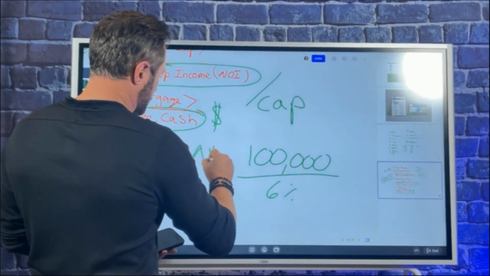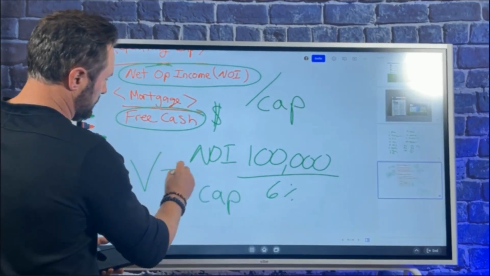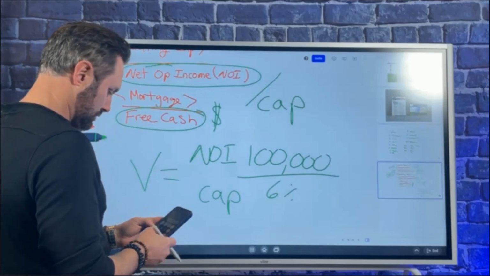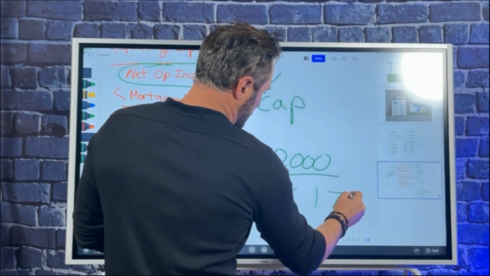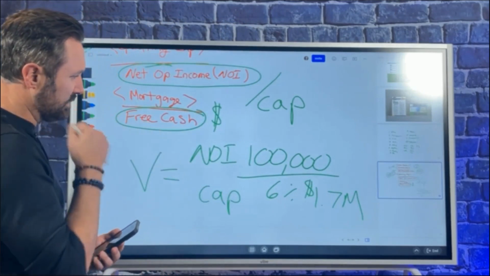So NOI over cap rate is my value. So this is a $1.7 million building, rounding up.